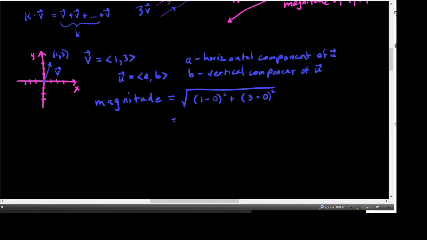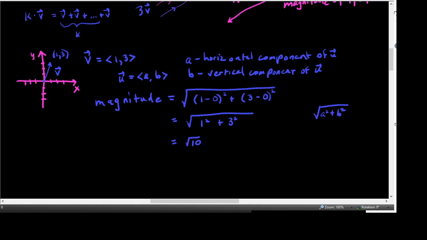And so it's actually sufficient to write a squared plus b squared because you'll be subtracting 0. So in general, the magnitude of a vector is the square root of a squared plus b squared. And in this particular case, that's the square root of 10.